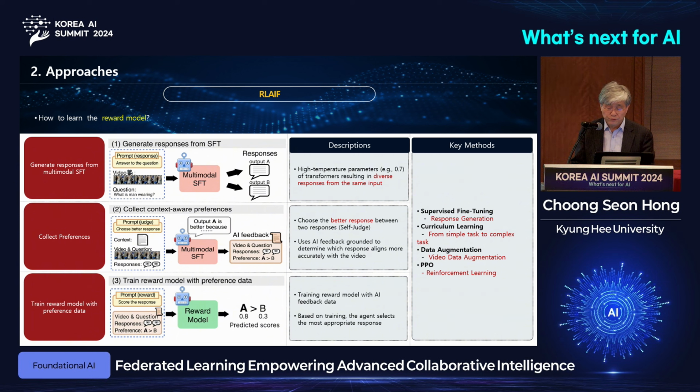AI feedback is used here to determine which response aligns more accurately with the video. Finally, the reward model is trained to assign scores to the responses based on preferences collected in the previous step. These three steps enable RLAIF to refine its understanding and improve alignment between video and text.